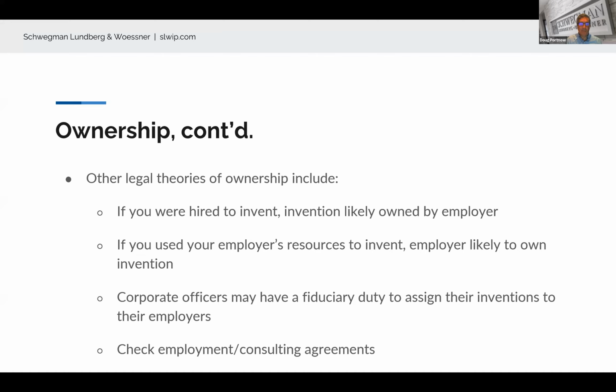Yeah. And so on the ownership, like we just mentioned, if you're hired as an inventor, oftentimes you're obligated to assign your work to your employer. There are some other iterations or things to be aware of.